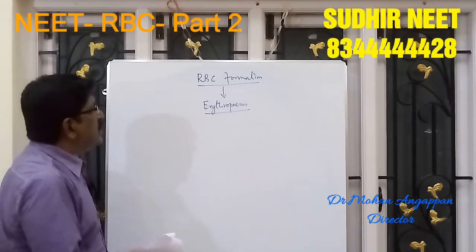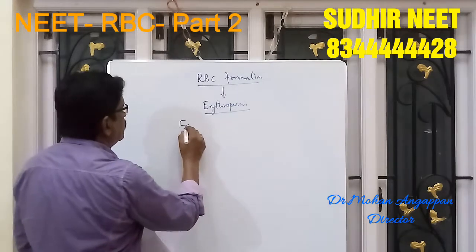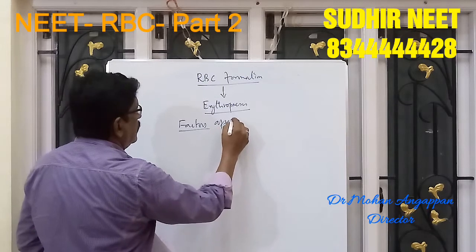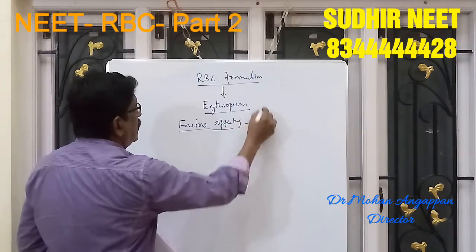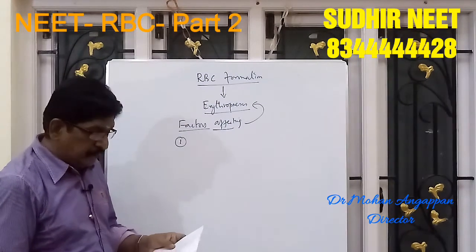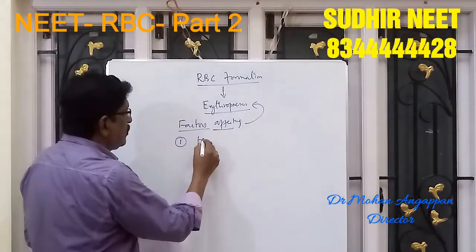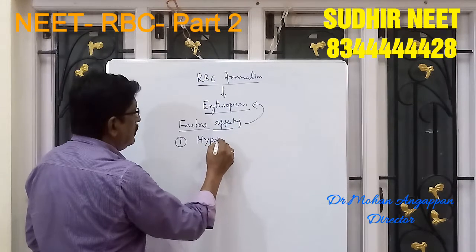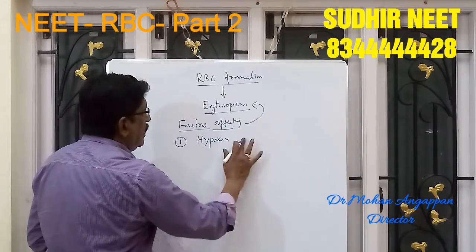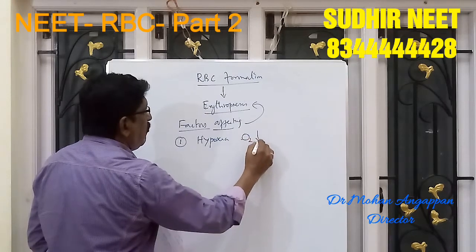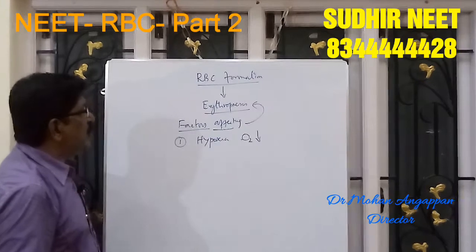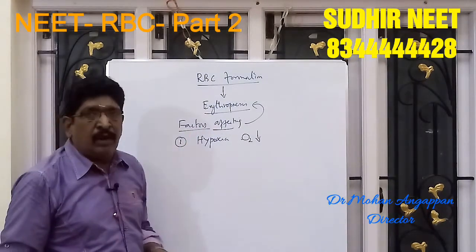What are the factors affecting this process? There are 4 factors affecting erythropoiesis. Number 1, hypoxia. This is a lesser amount of oxygen. This increases the process of erythropoiesis, so more RBC is formed.